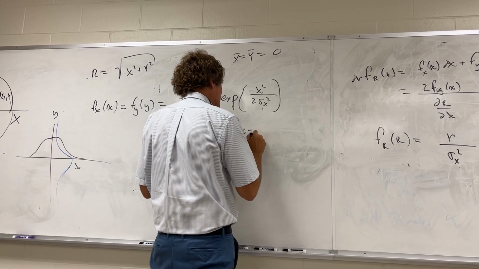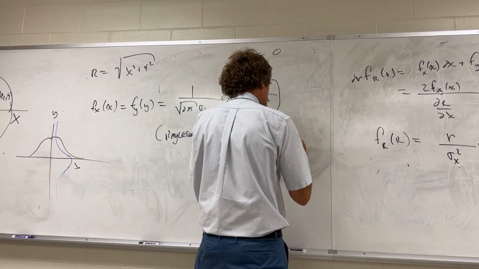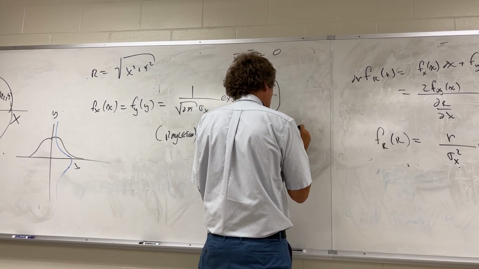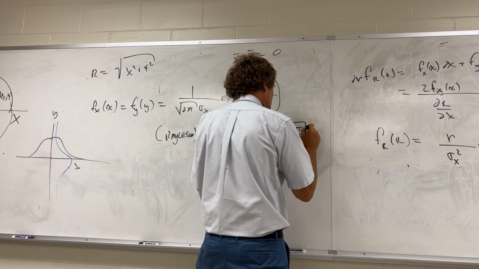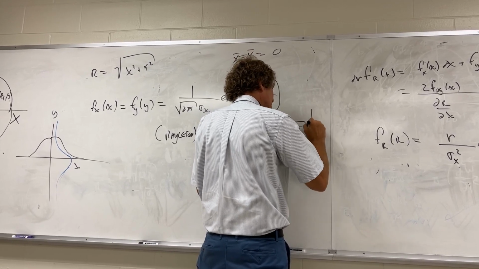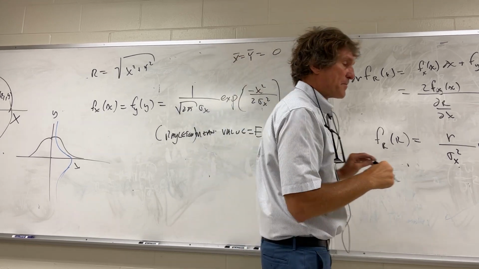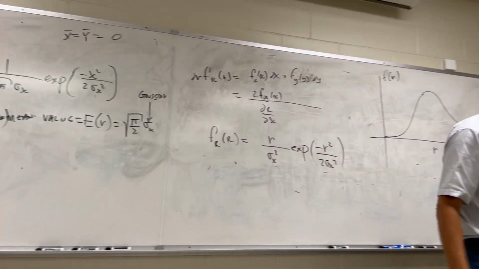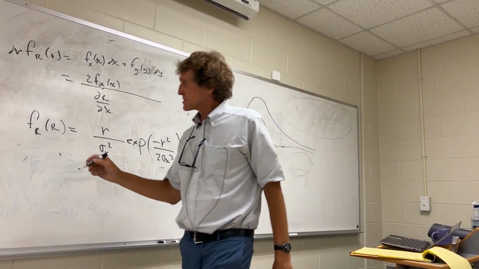The mean value is the expected value of r, and that's equal to the square root of pi over 2 times sigma x, and this is the Gaussian random variable. It's on page 80.